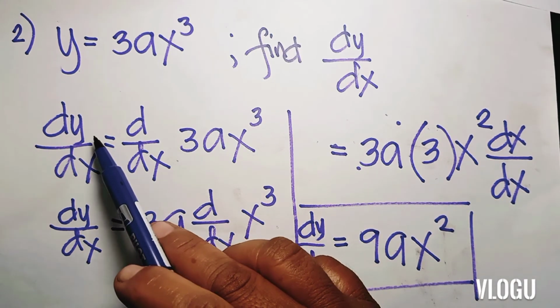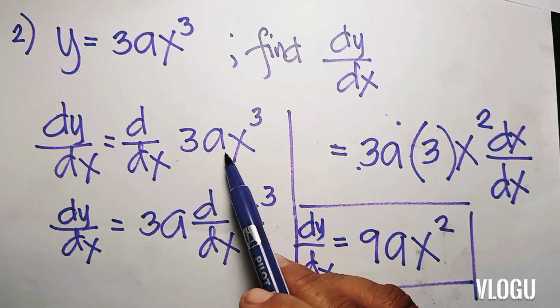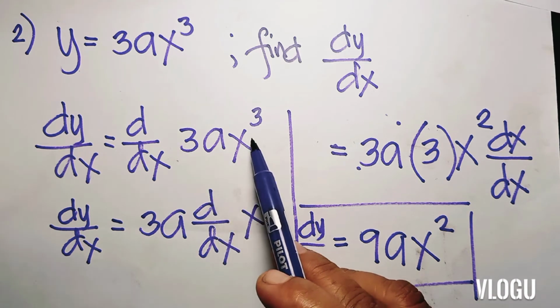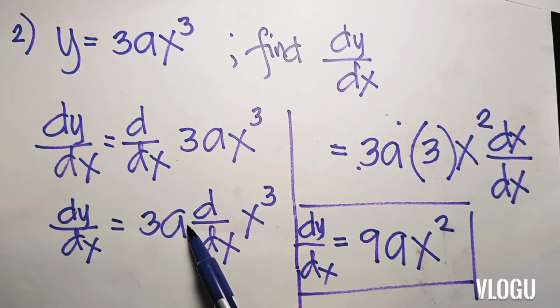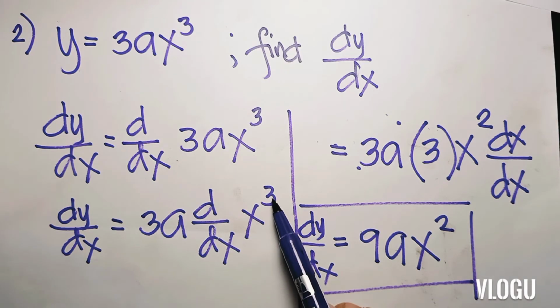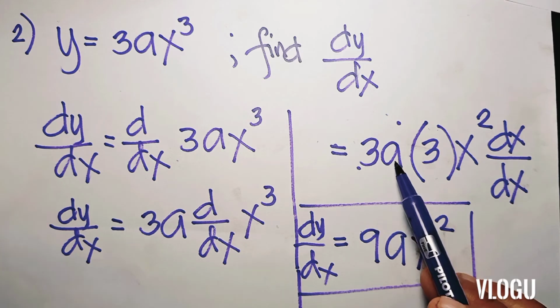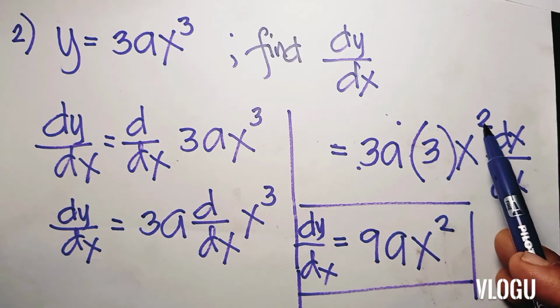Therefore, dy over dx is equal to d/dx of 3ax cubed. So, you write 3a because that is a constant. Then the derivative of x cubed: you have an exponent here. So, you will have 3a times 3x to the 3 minus 1, that is 2.